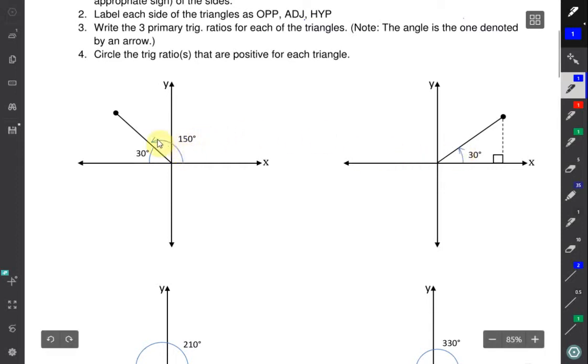So essentially what happens is that an acute triangle is used to represent the ratios for an angle that's larger than 90.